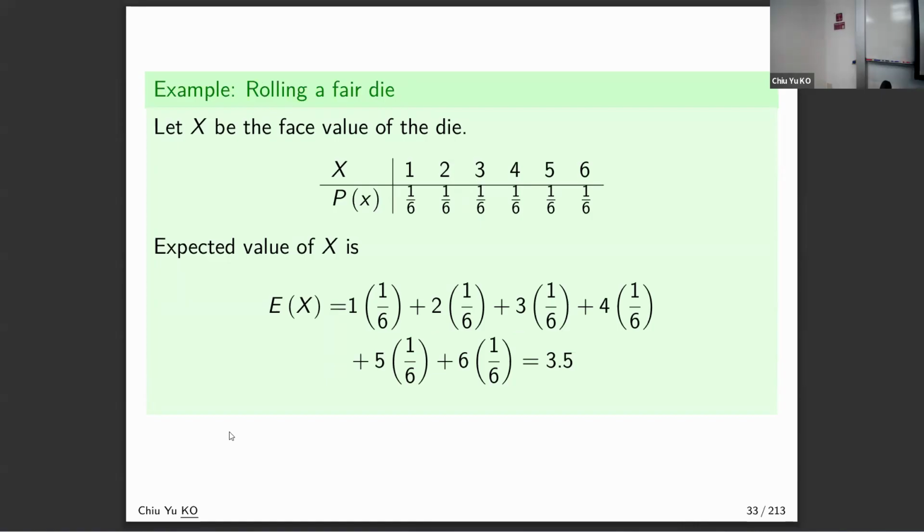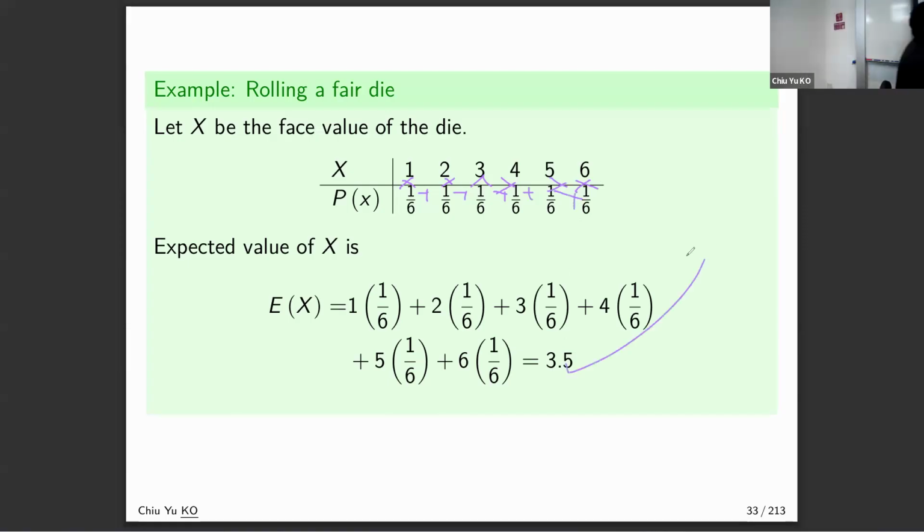Another example is rolling a die, okay? Equally likely, 6 outcomes, 1 over 6 for each outcome. The expected value will be, as I said, you multiply vertically and add horizontally, right? There is nothing very deep here operationally. Just multiply, multiply, multiply, multiply, multiply. Once you do that, you add, then done.